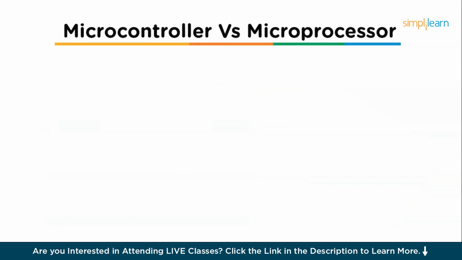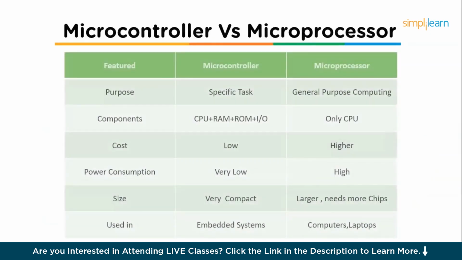Let's now see the difference between a microcontroller and a microprocessor. In terms of purpose, a microcontroller does a specific task and a microprocessor does general purpose computing. A microcontroller has CPU plus RAM plus input-output devices, and a microprocessor only has a CPU. The cost of a microcontroller is very low, and for a microprocessor it is higher.